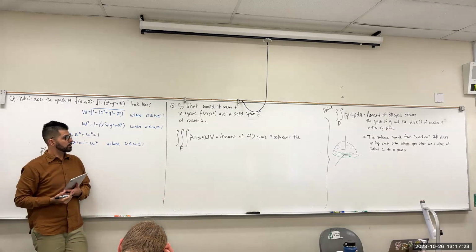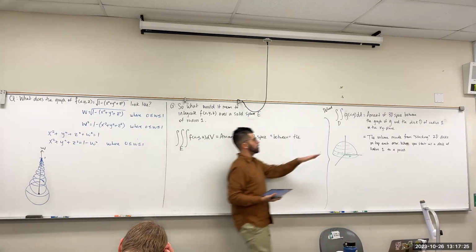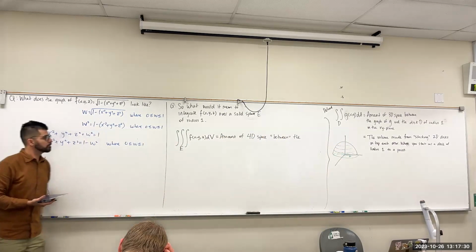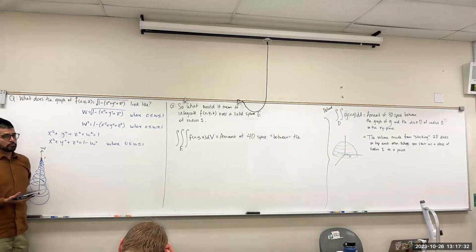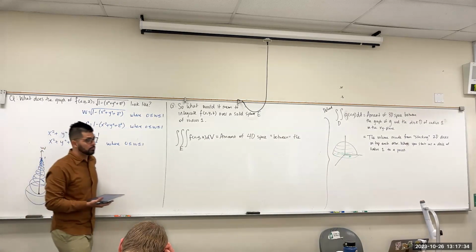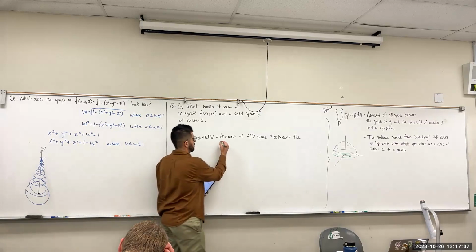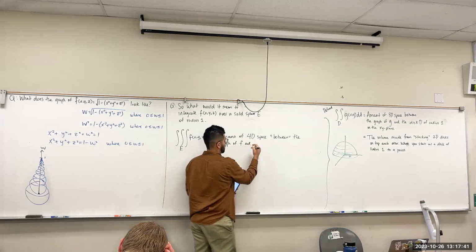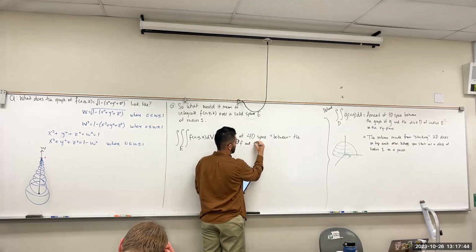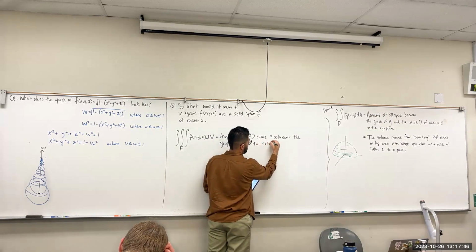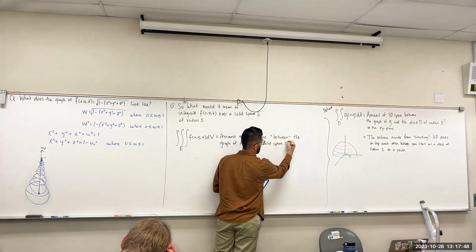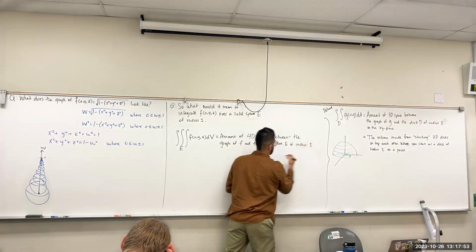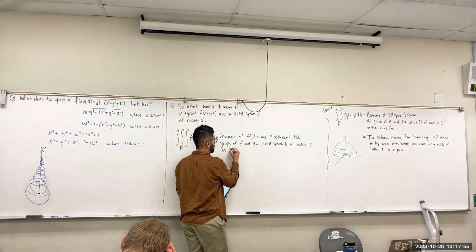What do you guys think, if we try to copy what we wrote here? The graph of f and the solid sphere E of radius 1 in 3D space.